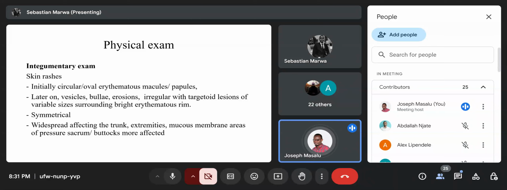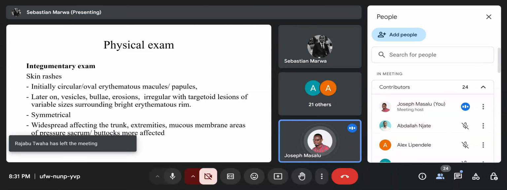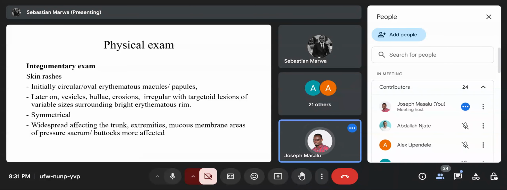So the targetoid points in the direction of SJS/TEN more than erythema multiforme, which has target lesions. Plus, it involves the mucous membrane of this patient. So my differential diagnosis will rest there.